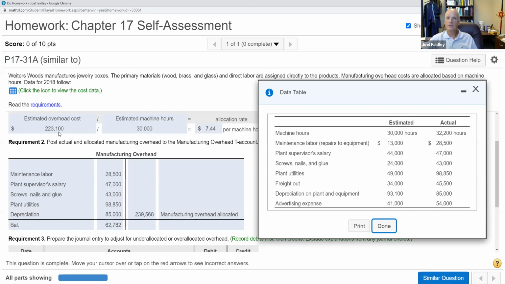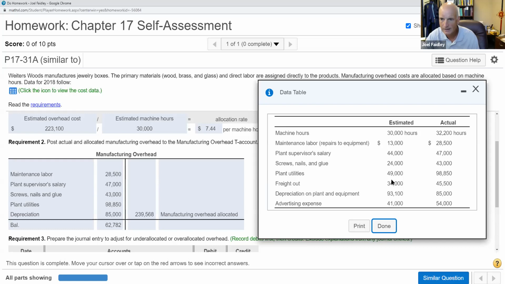The first thing they want you to do is estimate the overall overhead, the overhead allocation rate. We start by using these estimated amounts. Which of those are we going to use? Well, we're going to use maintenance labor, 13,000, plant supervisor salary, 44,000. I believe screws, nails, and glue are part of it.